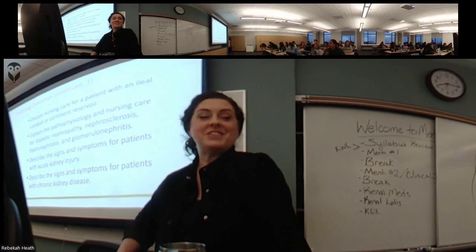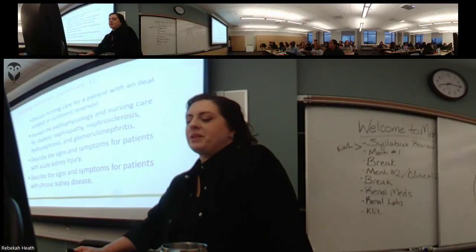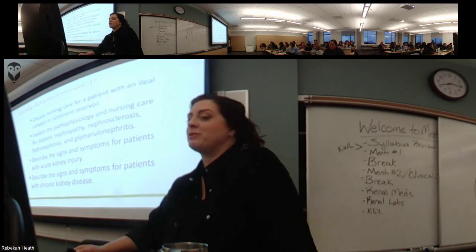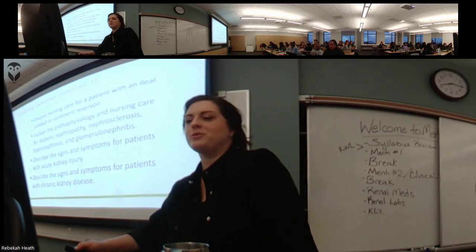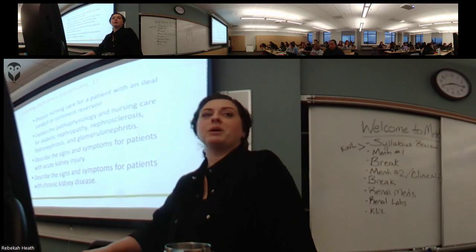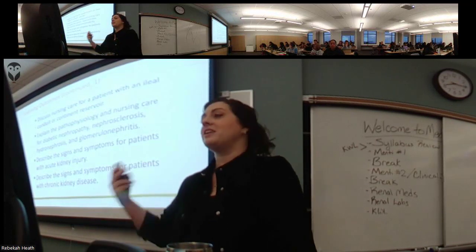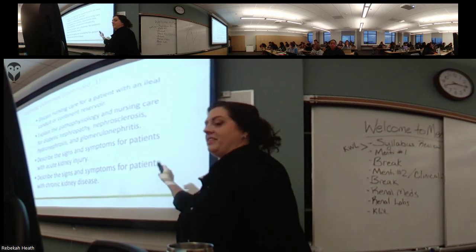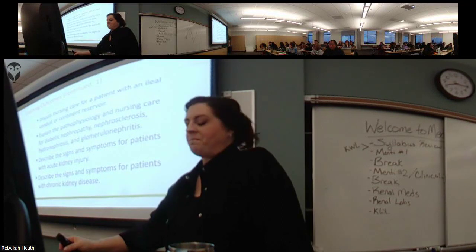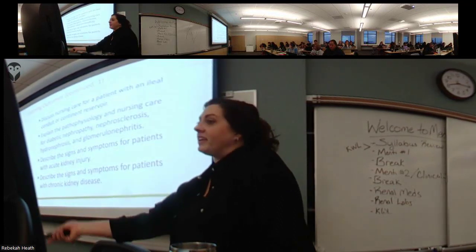These are really interesting. We're going to talk about diabetic nephropathy, nephrosclerosis, hydronephrosis, glomerulonephritis. Those are a lot of really big words that sound very similar, right? We're going to break all those down so that we know what each of those are and how they're affecting the kidney. We're going to talk about acute kidney injury as well as chronic kidney disease.